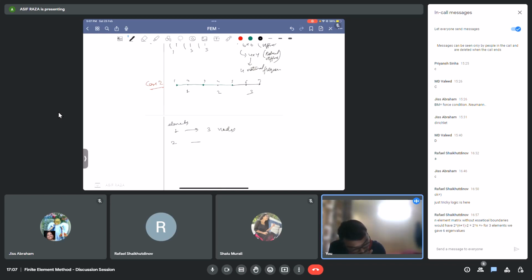When we have two elements, we have five nodes. So when we have n elements, we'll have 2n plus 1 nodes, right?